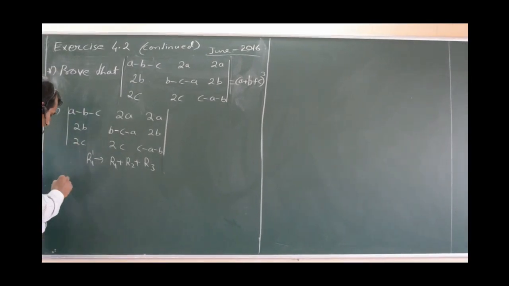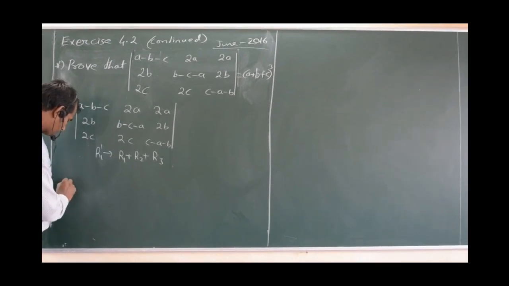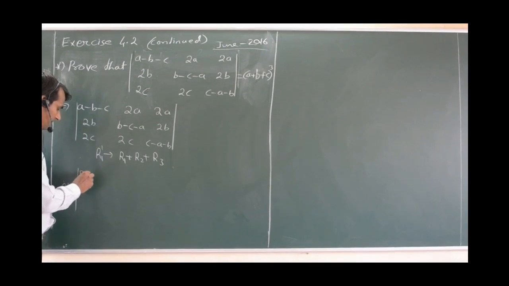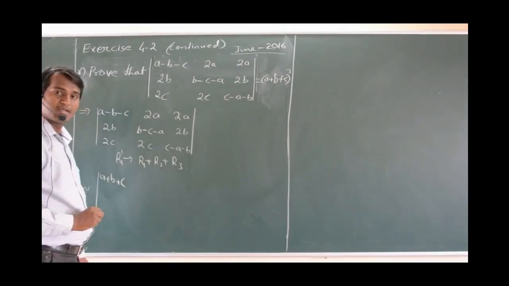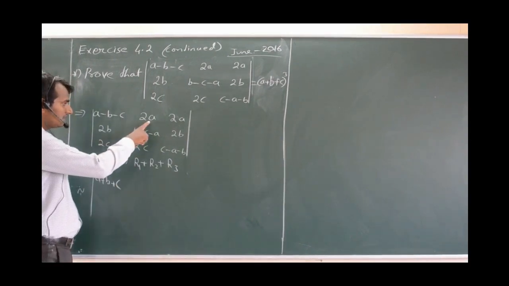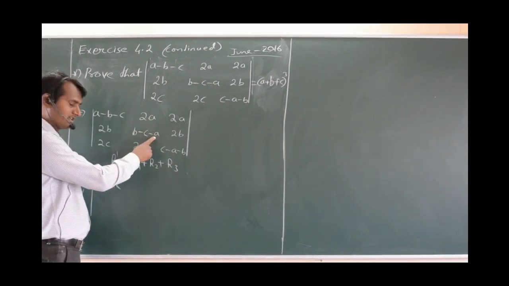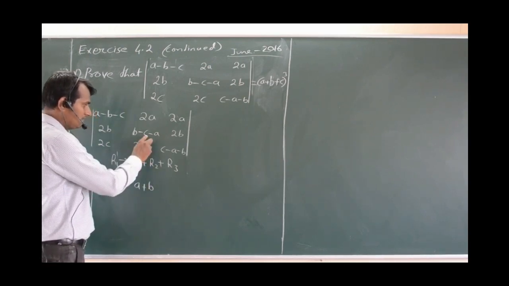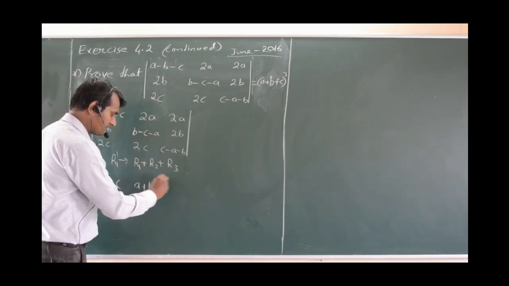So we get a plus b plus c, a plus b plus c, a plus b plus c in the first row. Next, 2a minus a gives a, and b minus c plus c.